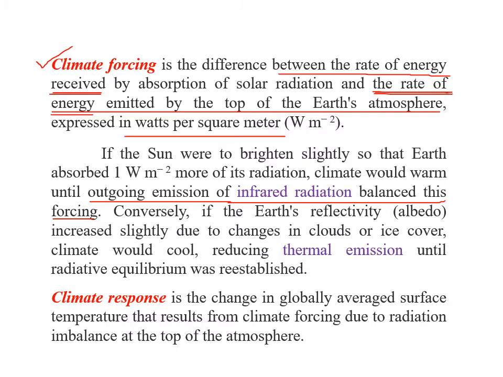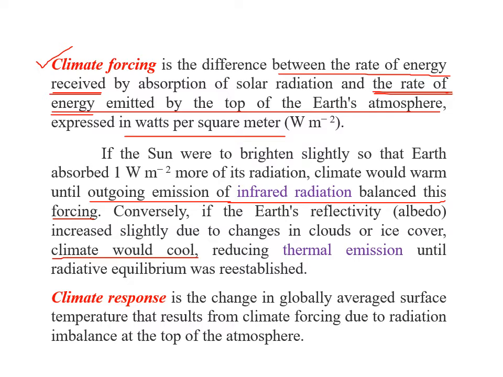Thereby the amount of energy received by earth will be lower than the amount of energy emitted by earth. So the earth's climate, the earth's atmosphere, becomes cool with time.